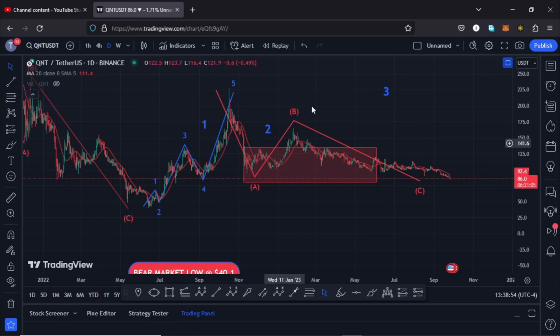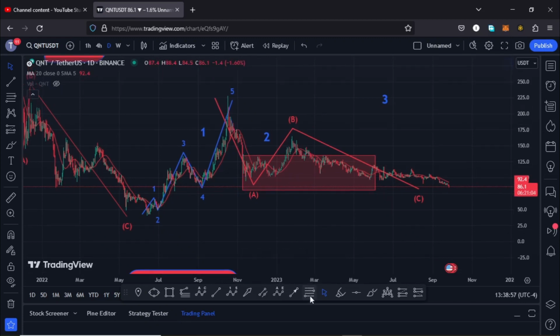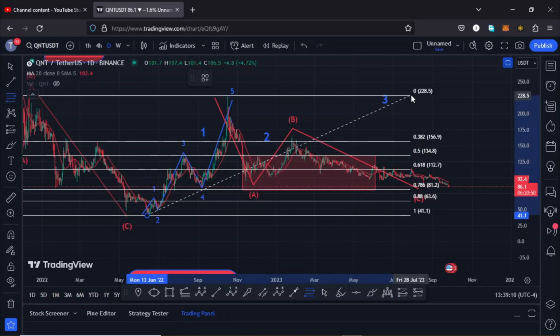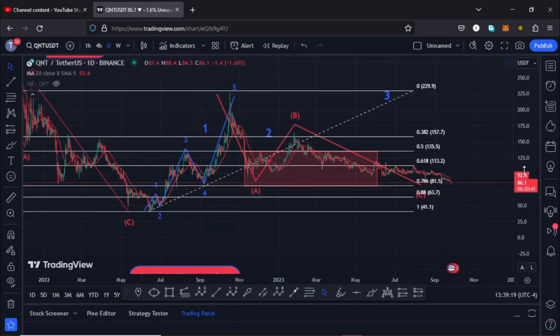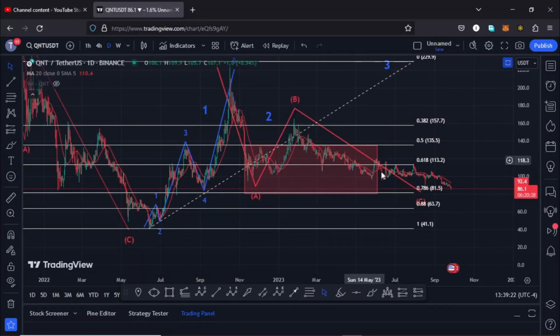And the minimum target areas for the second wave, I have been sharing them on my previous videos by connecting the Fibonacci from the low of the first wave to the high of that wave 1, giving me a minimum retracement area for the second wave between the fib level 0.5 and the fib level 0.78, and that is between the $135.5 mark and the $81.5 mark, which is an area that we are just about to fully maximize.